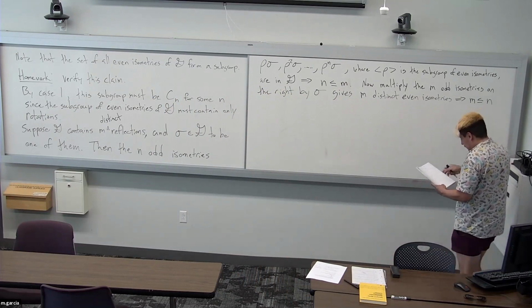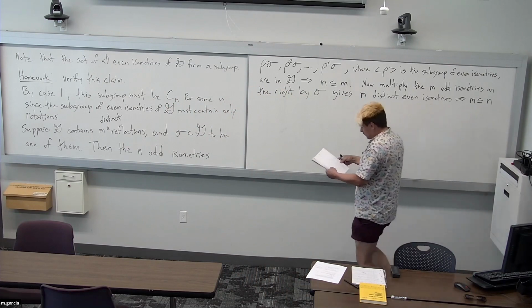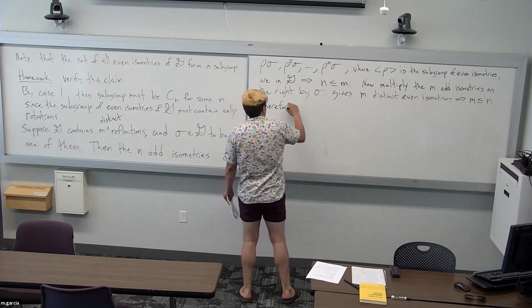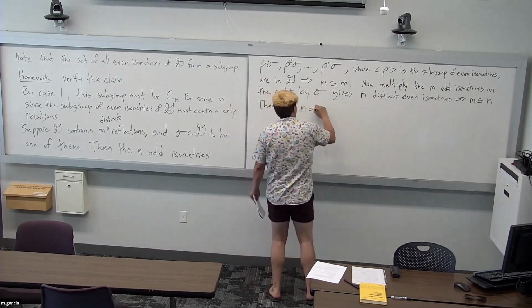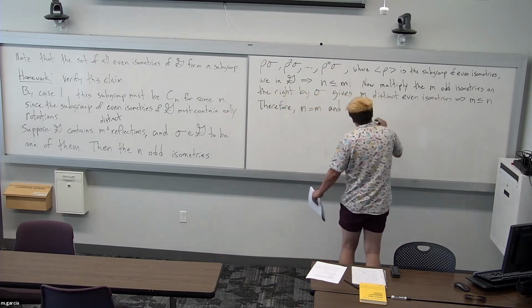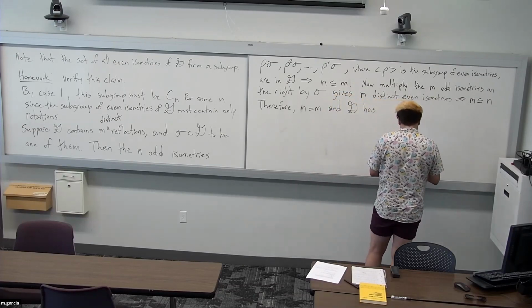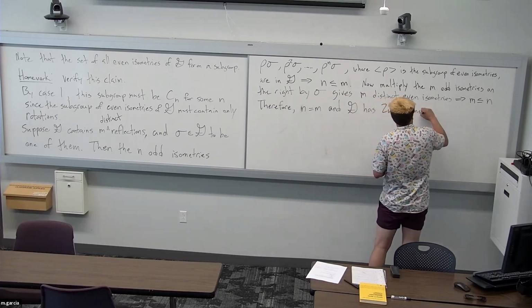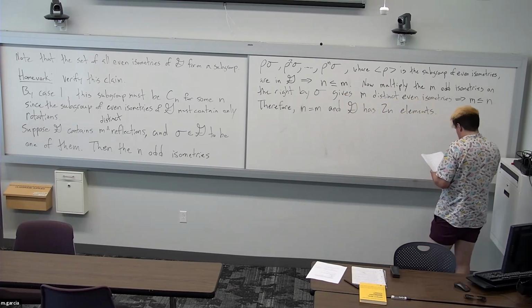Okay. So therefore, we have n equal to m. There are no more distinct reflections to add. And G has 2n elements. Okay?